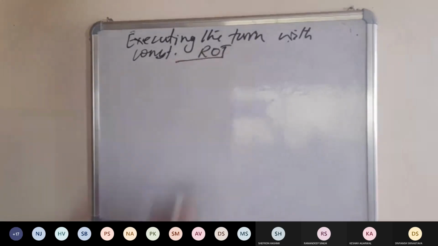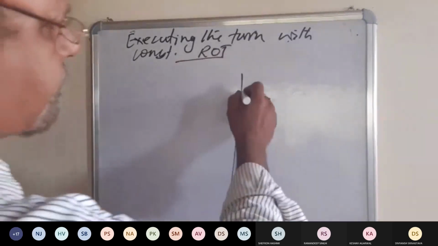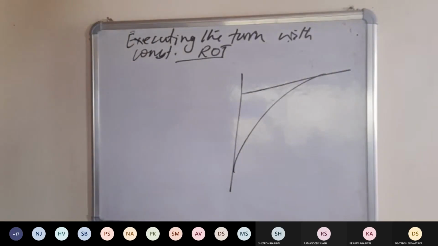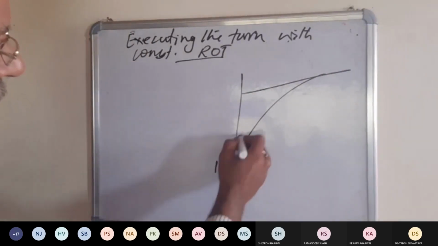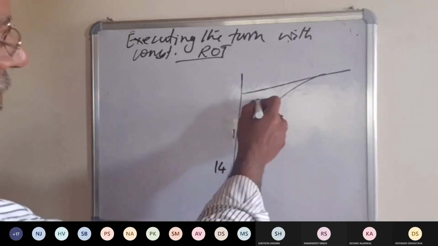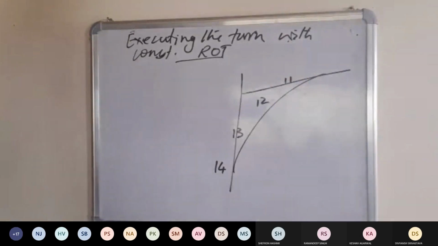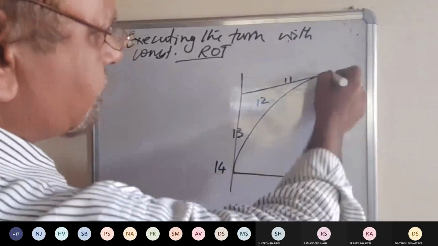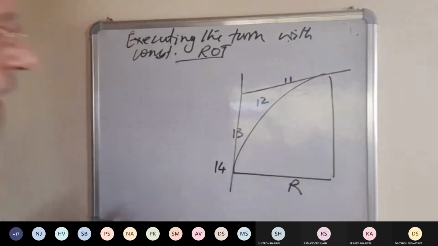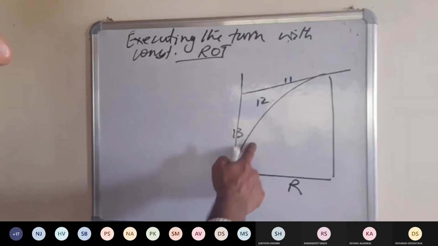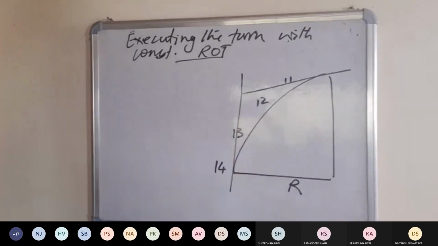So in this case, we have already seen that this vessel, when she is turning, she was at 14 knots, then 13, then 12, then 11, and so on. The radius was R. If we had to turn with constant radius, we were changing ROT with a dropping speed.